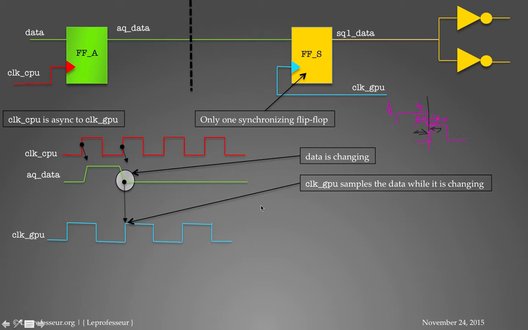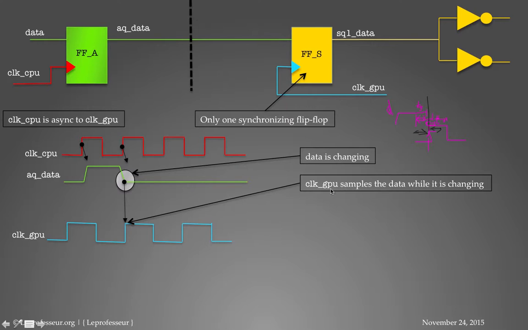the AQ data will be sampled in the receiving clock domain, which is clock GPU, while it is changing, and there are a couple of reasons here. The data width is too small, and it is changing too early, and it is most likely getting into the setup window of the synchronizing flip-flop FFS.